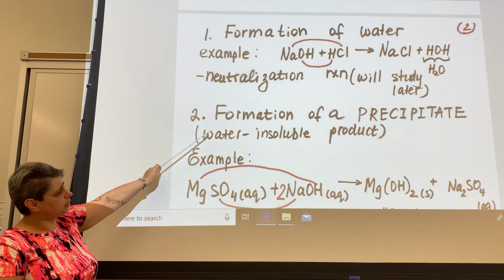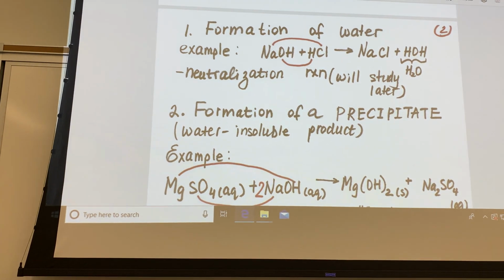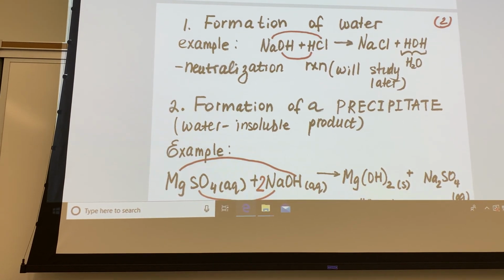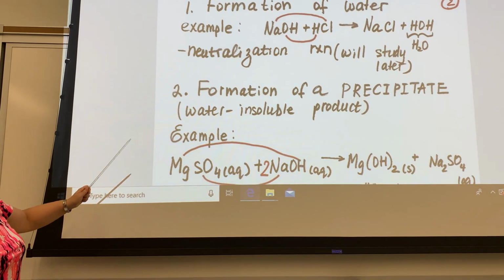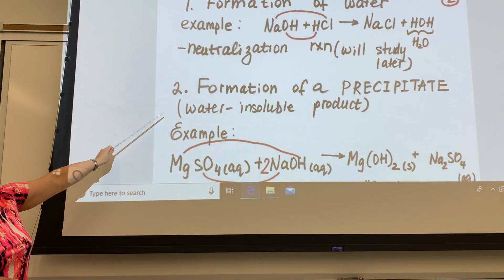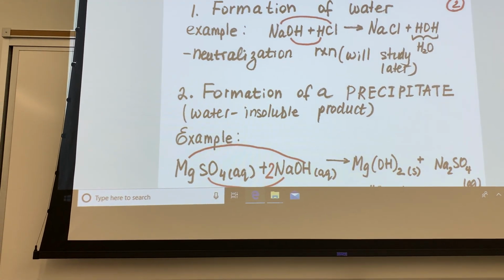The second important criterion that can be used to predict that a reaction will occur to completion is formation of a precipitate or water-insoluble product. And this type of reaction is going to be the focus of this experiment today.